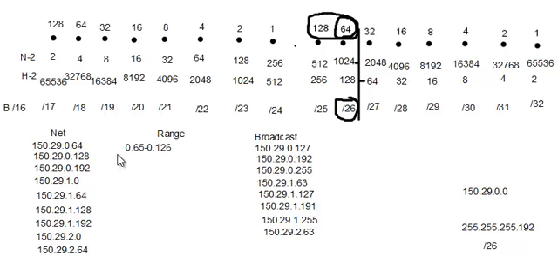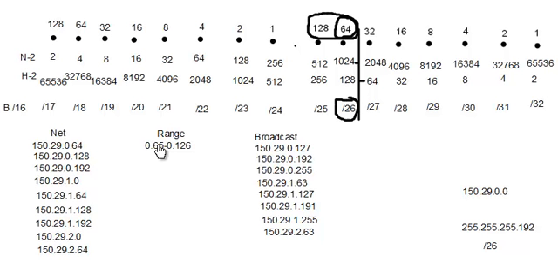So my range is, my network, my first subnet is this number, 0.64. So the range between my network and my broadcast for my first subnet would be all the numbers. 150.29.0.65 would be the first host, or the first open IP address for that network.